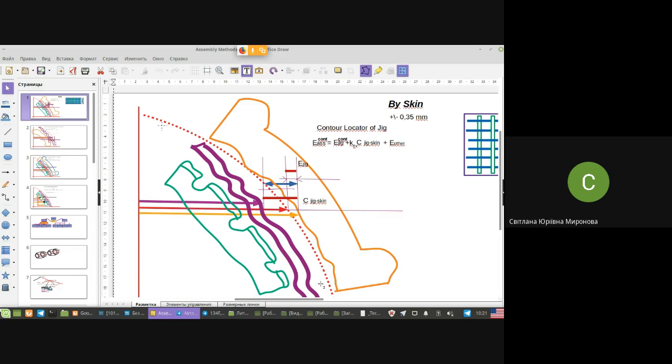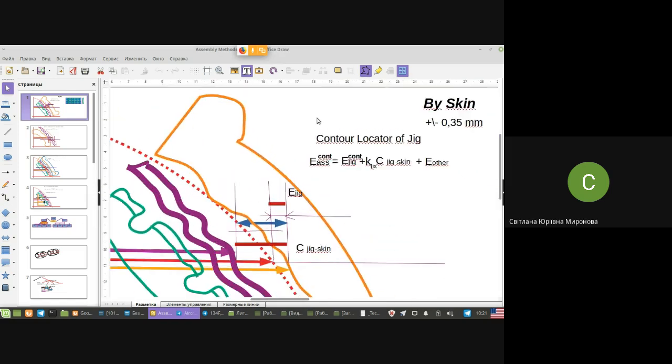When we were talking about assembly methods, each time first we drew a sketch. Next, we considered their sequence of assembling, what really happens there, how they do it. And we compulsorily also talked about so-called errors, deviations of sizes that might occur during this assembling. And we were talking about accuracy.